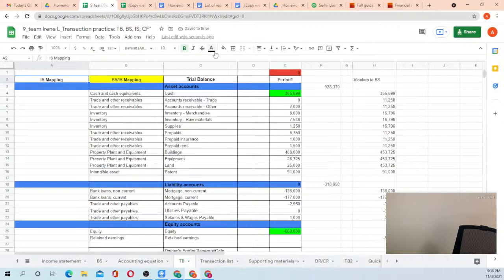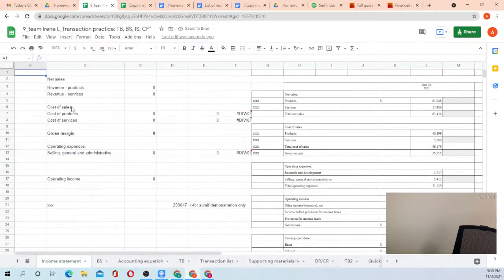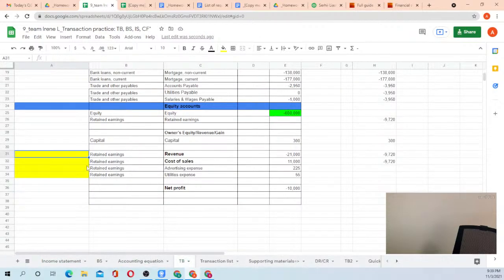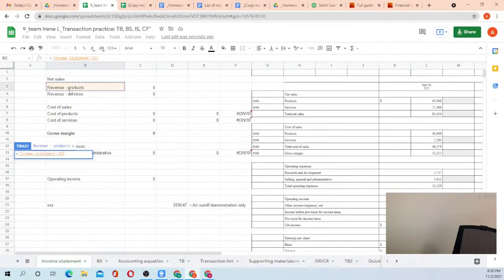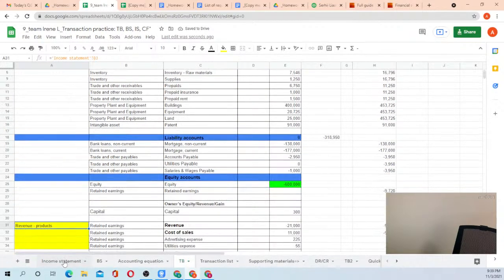And you need to enter it here. Let's see what you have here. Revenue products, revenue services. I don't know what your business is, whether you separated products or services. So you need to have something like that.